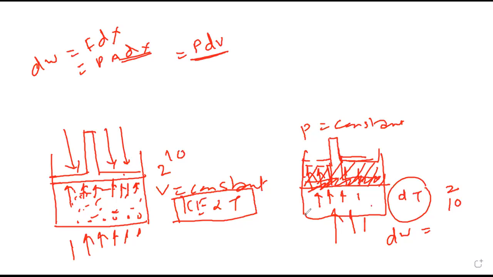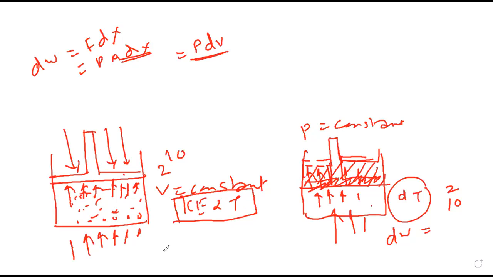Yes, sir. Arshita, you followed? Yes, sir. That means when gas was heated at constant volume, only the heat supplied was used to increase internal energy. But when it is heated at constant pressure, then along with temperature, it is also doing work. That much extra heat it will take or not? Will take, sir.